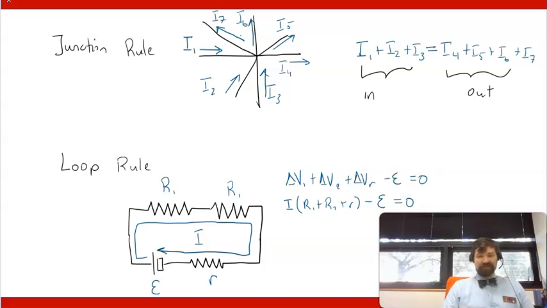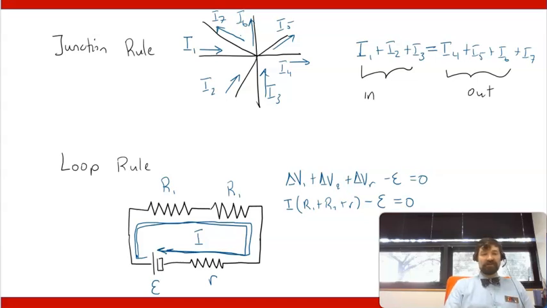In some sense, I'm starting off here and imagining going around the loop in the direction of the current, so I'm just traveling counterclockwise and taking each element as I get to it.